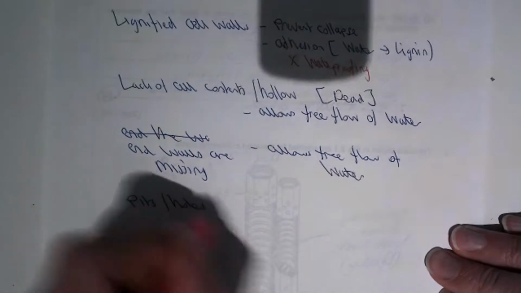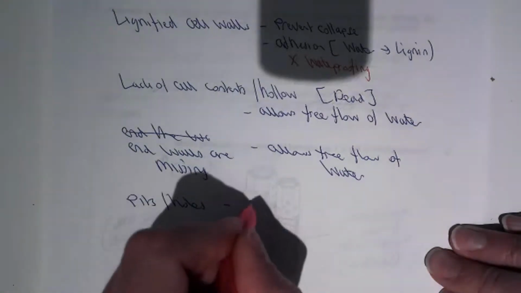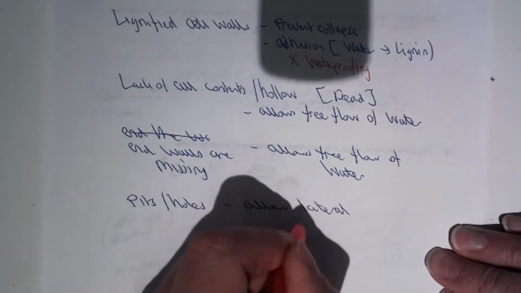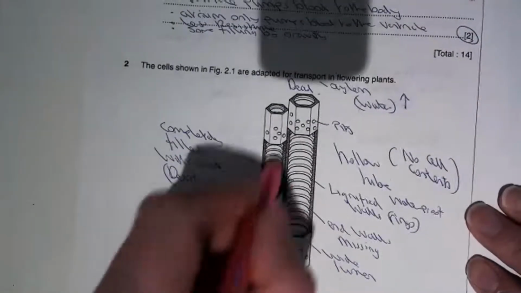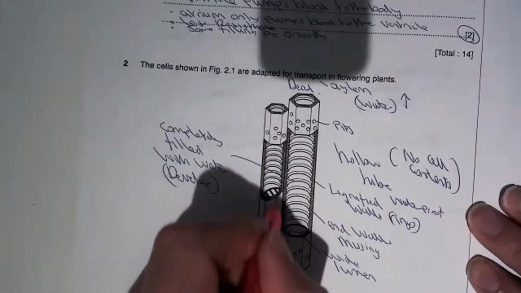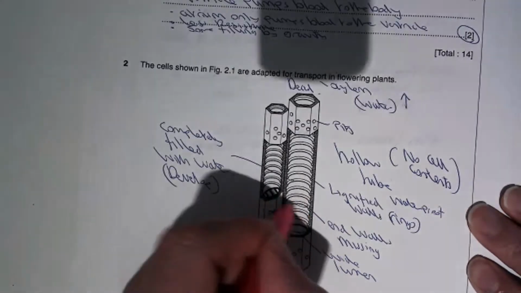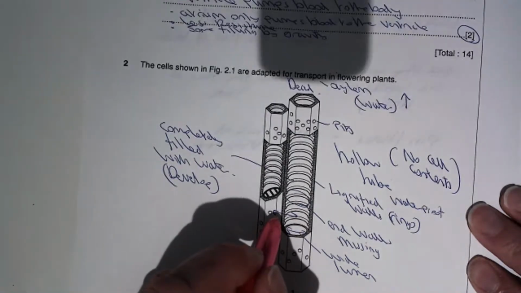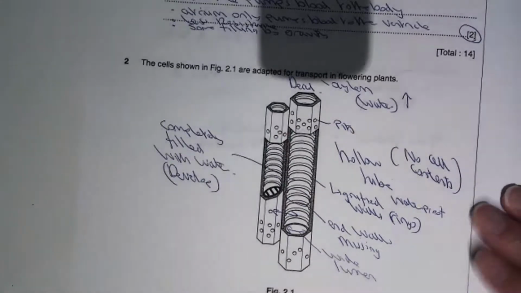You can call them holes. That allows lateral movement. What I mean by that is that between these two xylem vessels, through the pits, water can move between the xylem vessels. So if there was ever an air bubble, the water will simply move laterally through the pits and up the next xylem vessel.